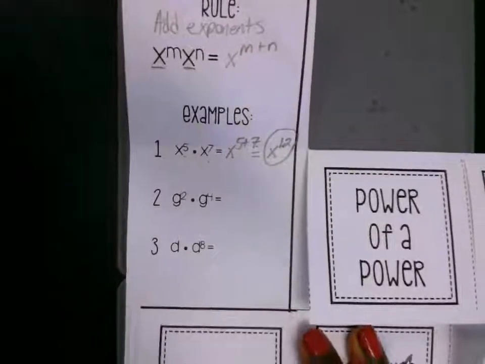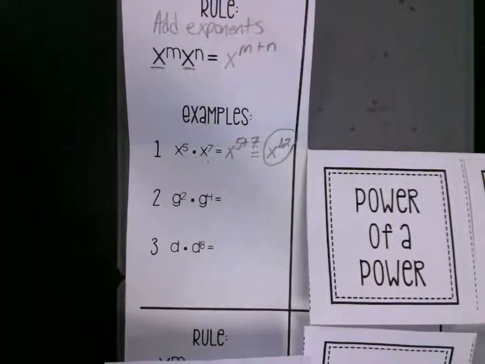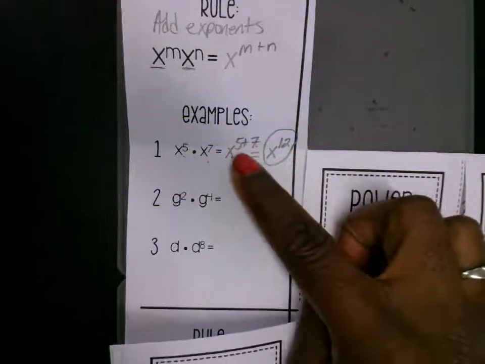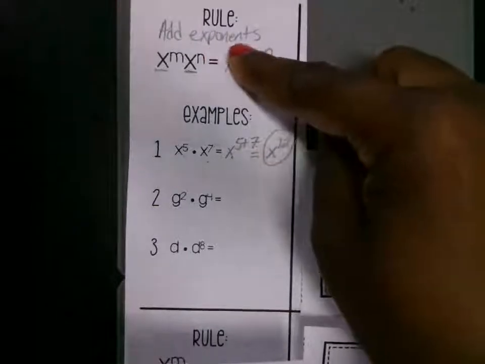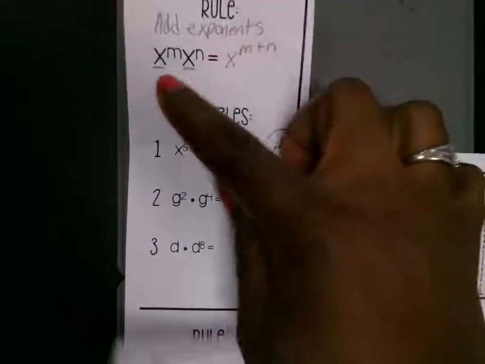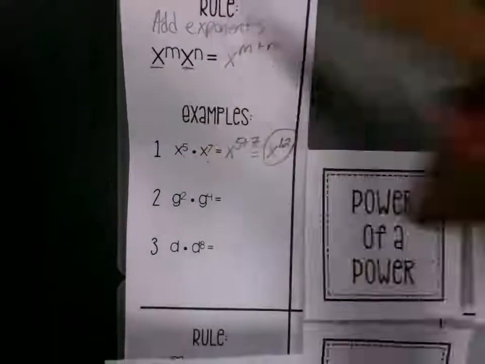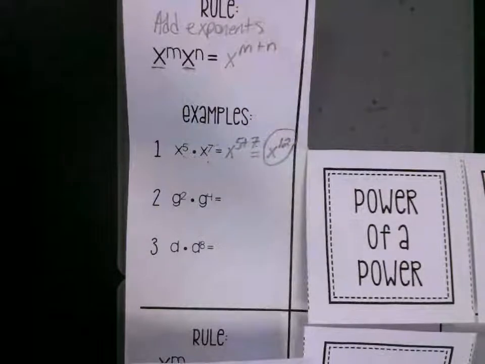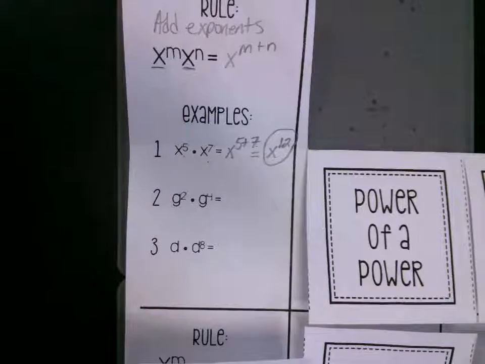Please write that down. Ms. Reyes, how do you show your work on problems like this? This is how you show your work. You show that you are adding those exponents when the bases are the same. This is multiplying exponents with like bases.